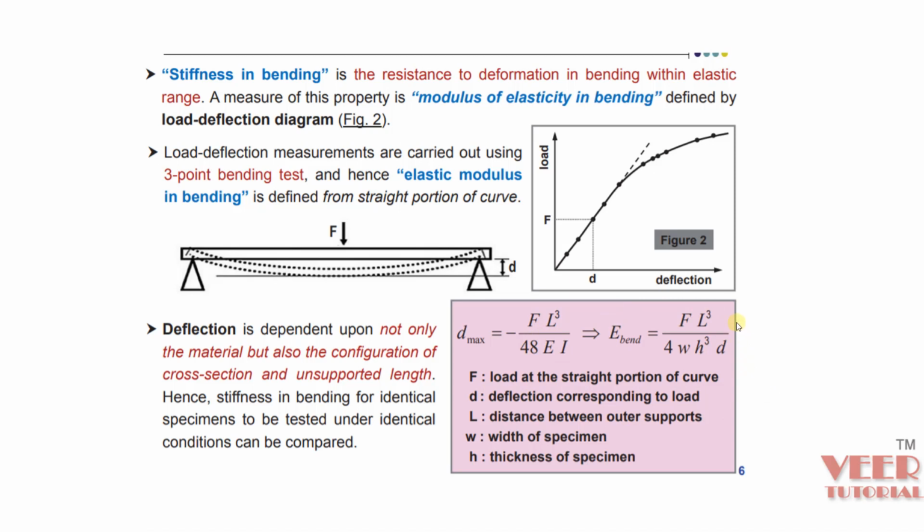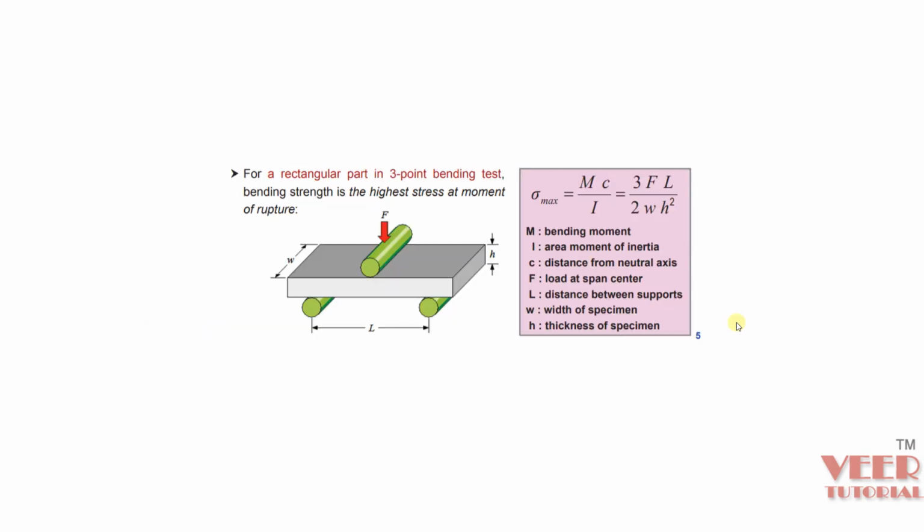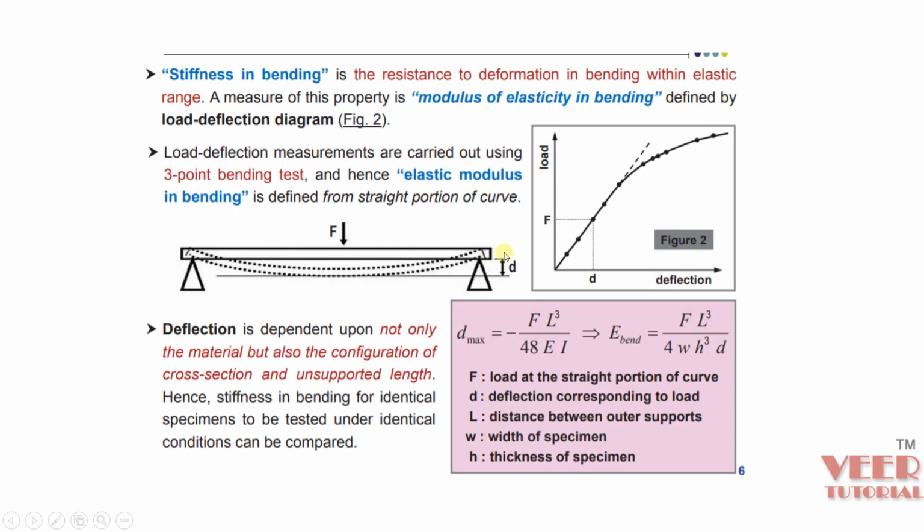When we do this type of analysis in finite element software, applying the force directly onto this roller does not give us a proper result. So instead of applying the force directly on the roller, we apply the force in the form of displacement. Whenever we have the value of force, we can calculate the displacement from this formula, and that is the load given when we perform the analysis.